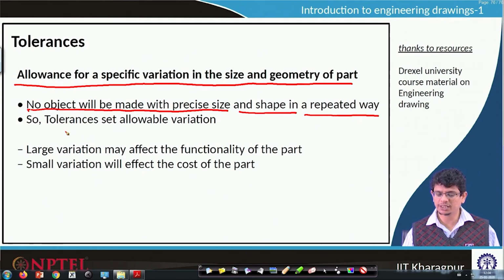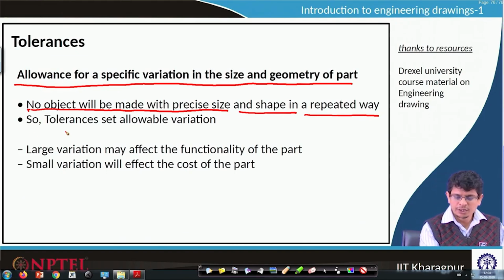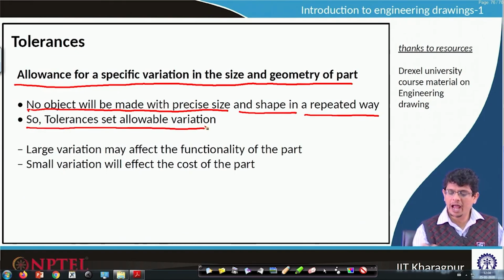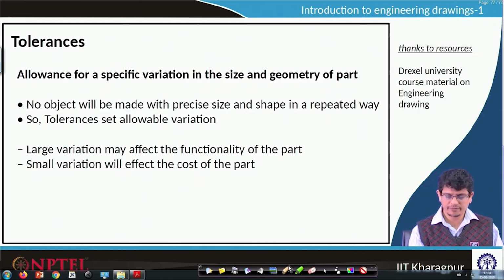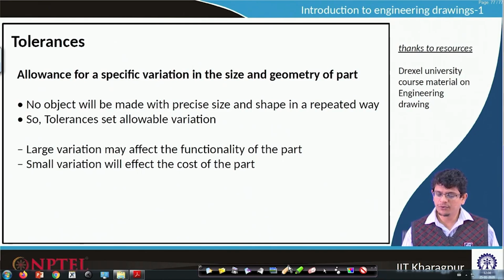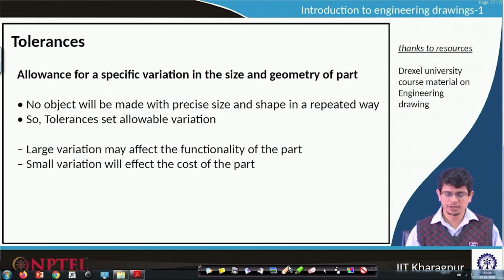So, it is not precisely possible to make the same object of the same size and geometry. So, tolerances set the allowable variation. For quality inspections and so on, these tolerance limits are strictly imposed.